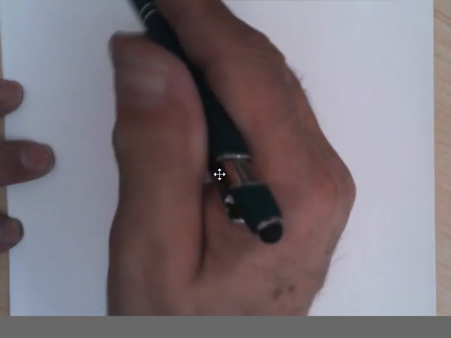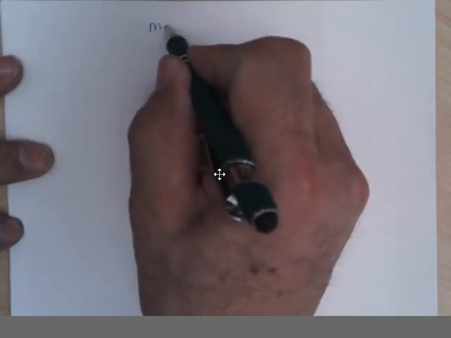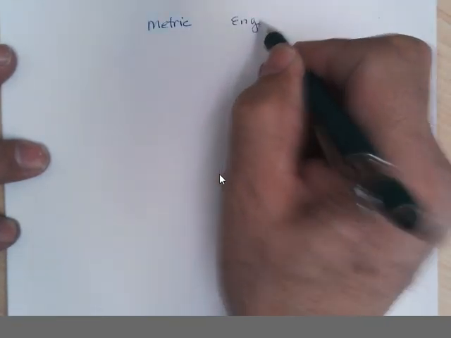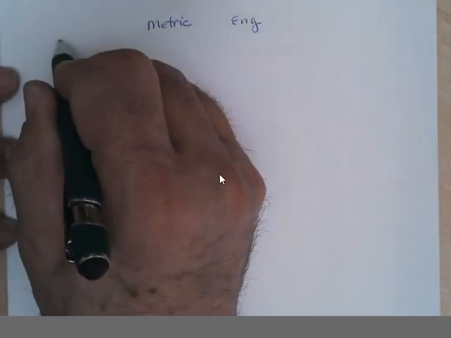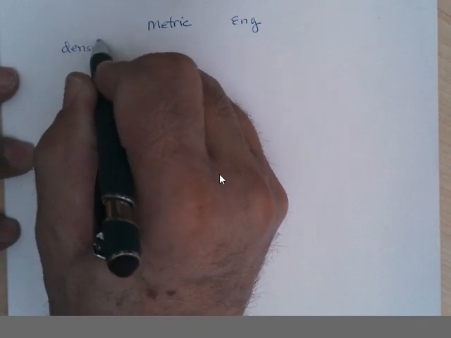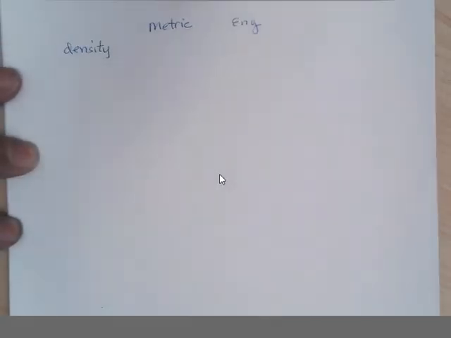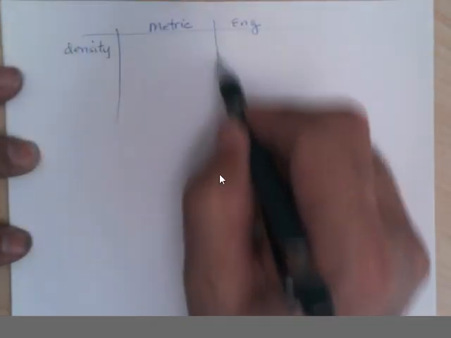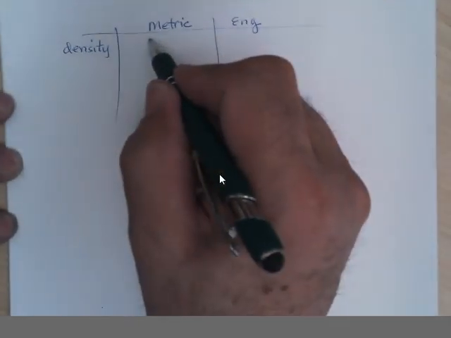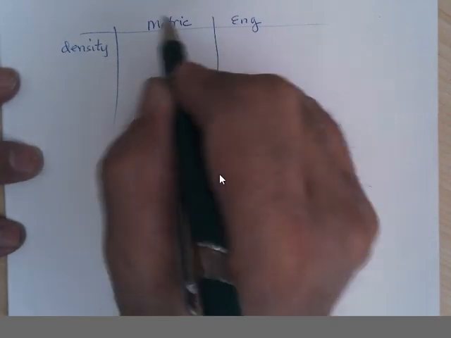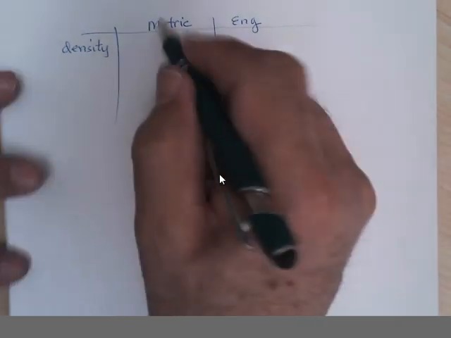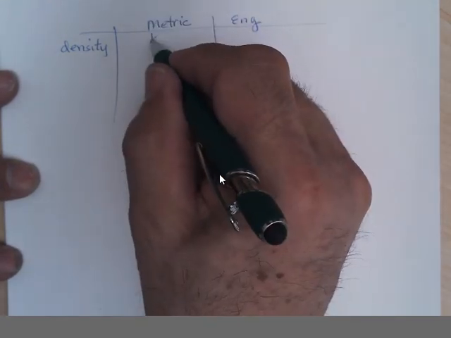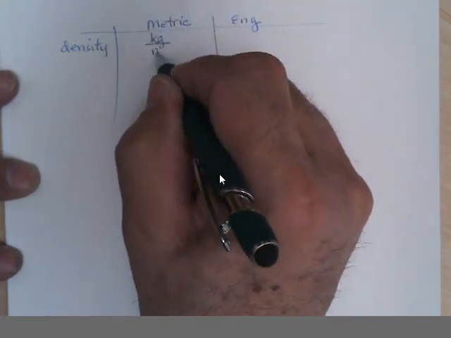So we've got the metric system and we've got the English system. And I want to talk about density. Now, density in the metric system, if we're talking real density, is either in grams per cubic centimeter, or in a bigger world where we're talking about larger things than just little lab type stuff, it's going to be kilograms per meter cubed.